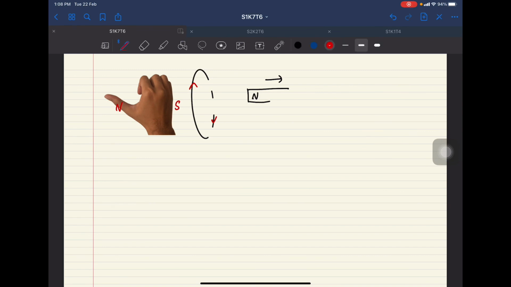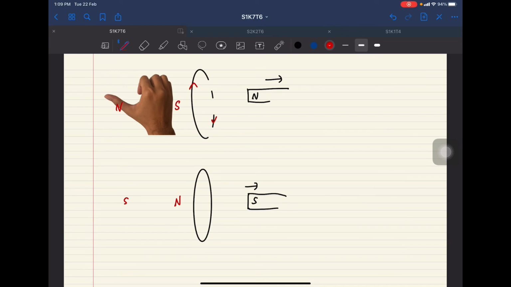Okay, last example, I'll just show you one more time. Again, this is the circular loop. Now you have a south that is going away. If you want to use your right hand rule, basically you want to pull back the south there. So the south is going away. If you want to pull back, you want to put a magnet that has north over there and south over there. So basically your thumb will be pointing to the right and your behind there to the left.